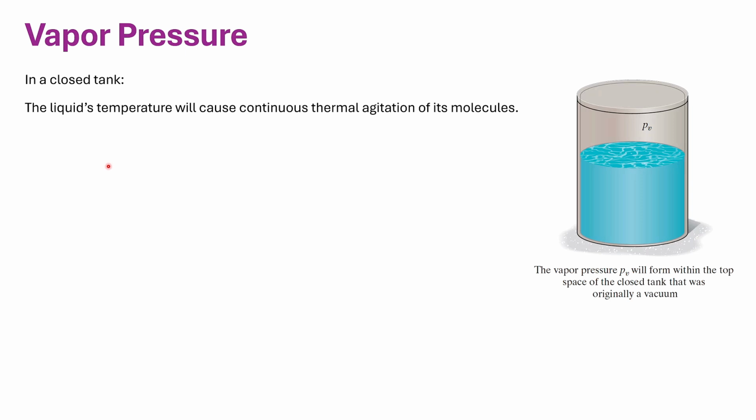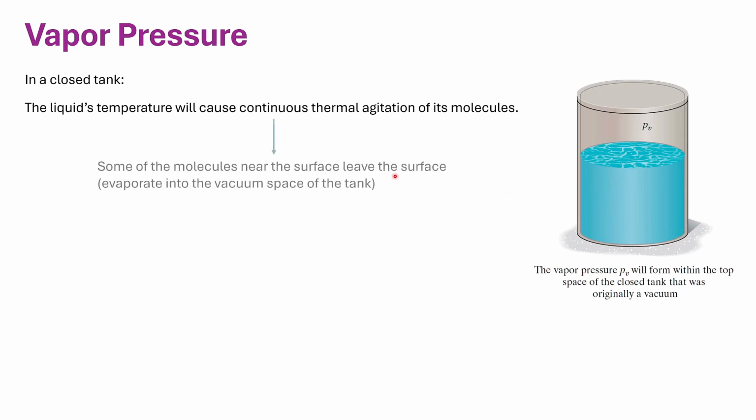Next important property of fluids is vapor pressure. In a closed tank, such as the one in this picture, the liquid's temperature will cause continuous thermal agitation of its molecules. As a result, some of the molecules near the surface leave the surface, which is evaporation. They evaporate into the vacuum space of the tank, which is the space above the liquid.